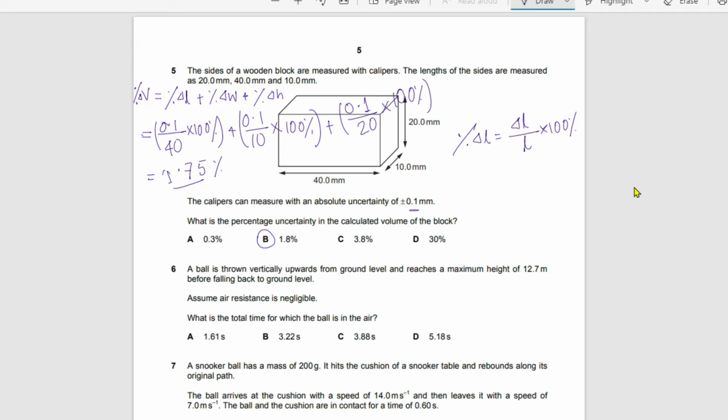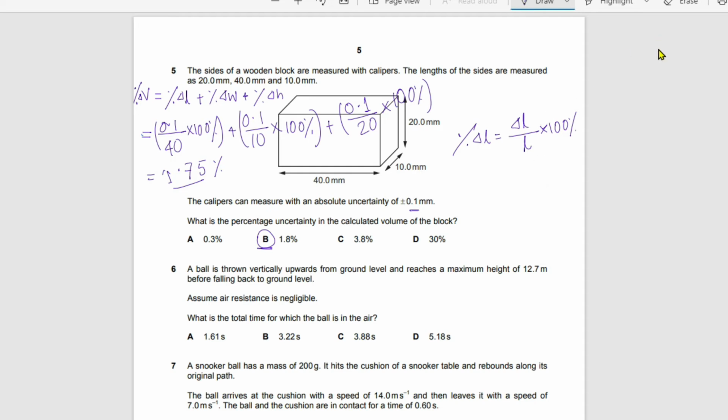So this is going to be the percentage uncertainty. 1.75 is in three significant figures, so in our option the closest to 1.75 is 1.8, and that is how we found the answer to be yes.